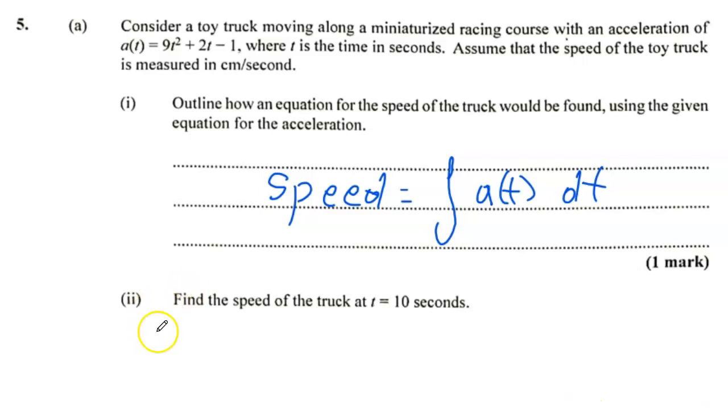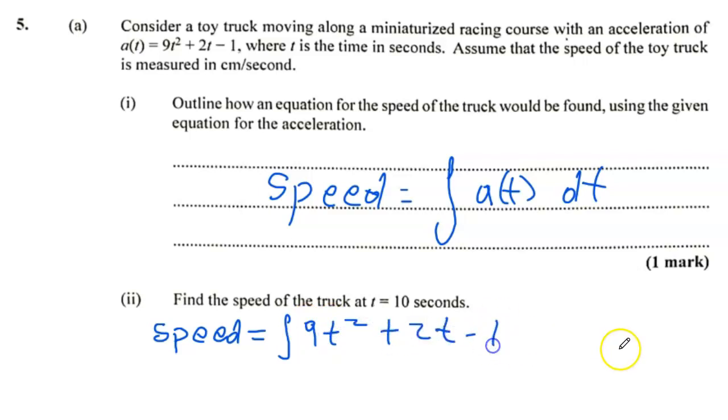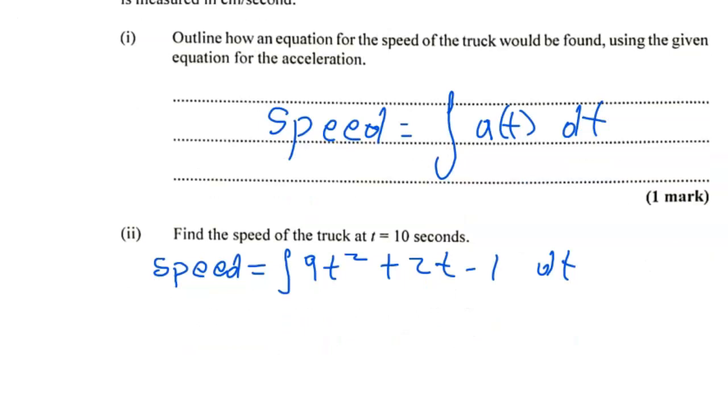So speed is the integral of acceleration. So that's the integral of 9t squared plus 2t minus 1 dt, with respect to t. So we're integrating, we add 1 to the t power and divide by whatever power we get, right?